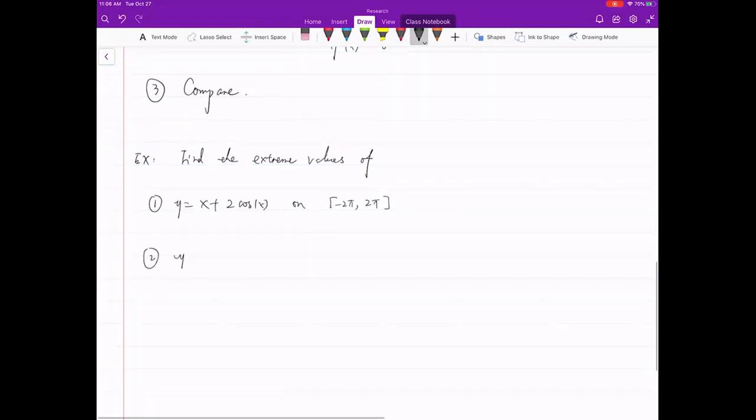Number 2, y equals 3x to the 4 minus 4x cubed on the interval negative 2, 3. Okay, try these 2.